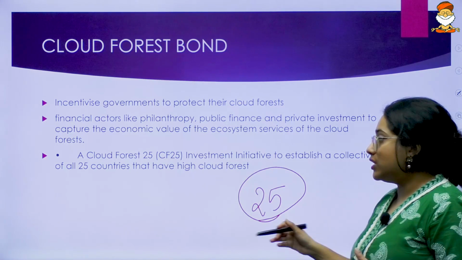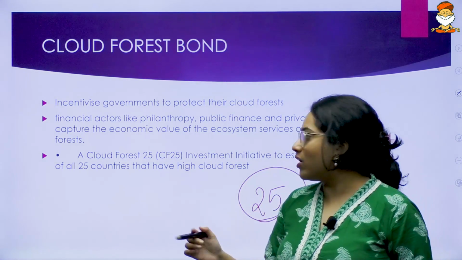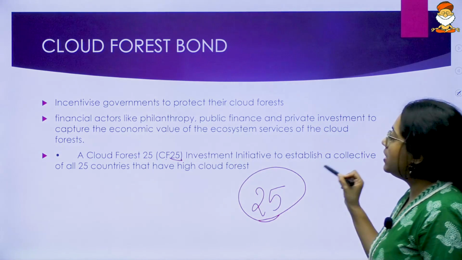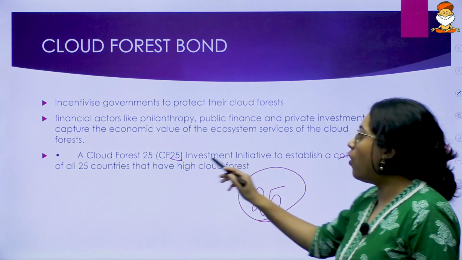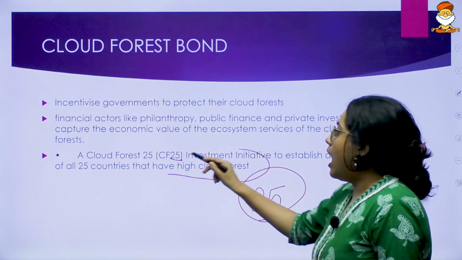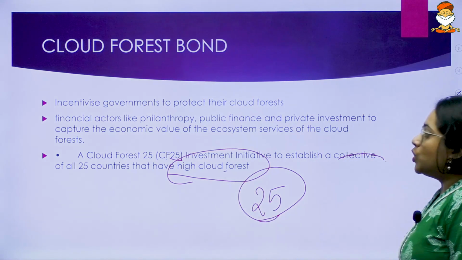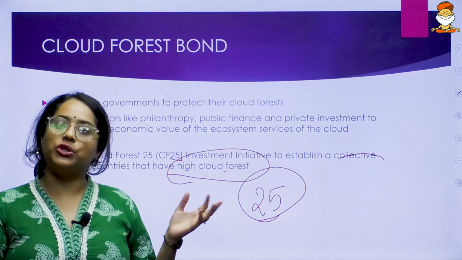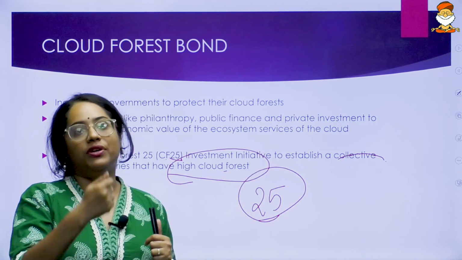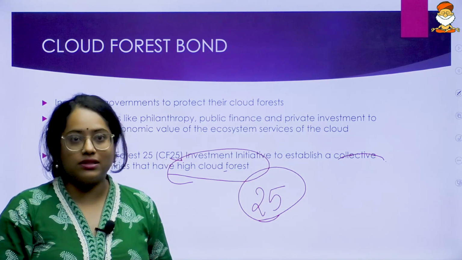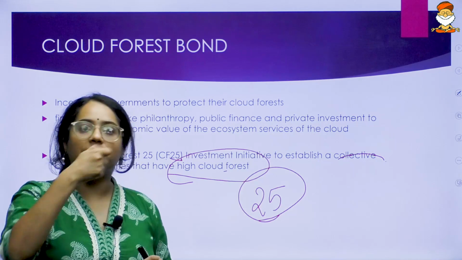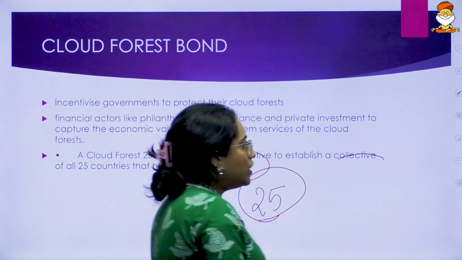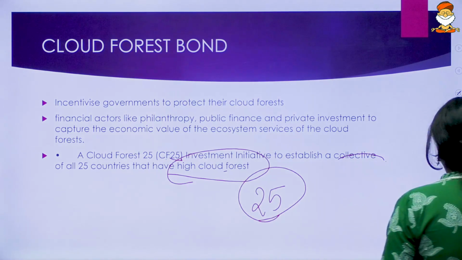These 25 countries have launched something called CF25, which is an investment initiative to establish a collective of all 25 countries that have cloud forests. They will create economic instruments whereby others can invest in the protection of these cloud forests. It's a bond, which means someone can buy it and that money will be used for cloud forest protection. That is the reason why I had discussed cloud forests.